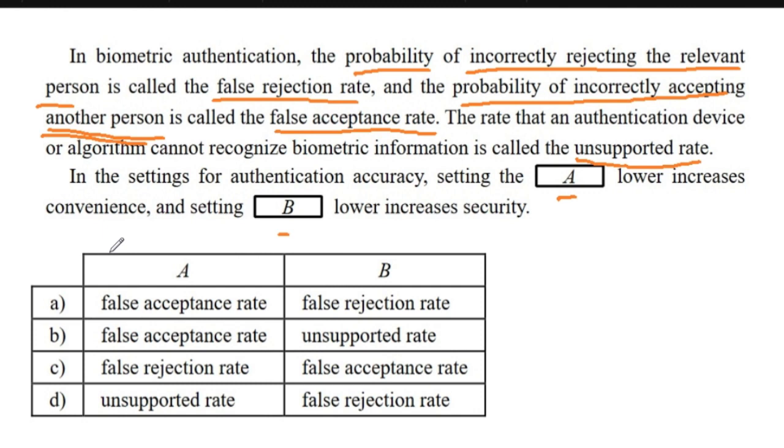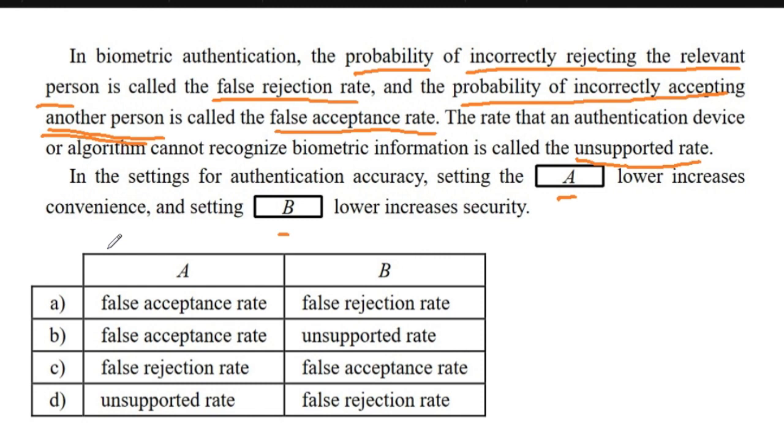I think the explanation here is that if there are a lot more people who are falsely rejected, it means this is the person who's supposed to be the correct guy, but you reject him.